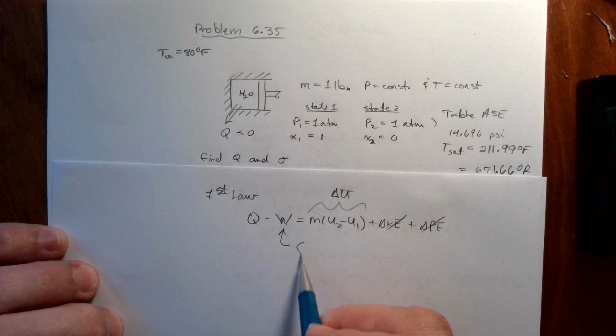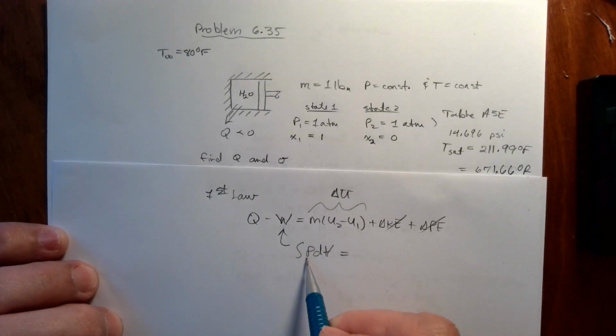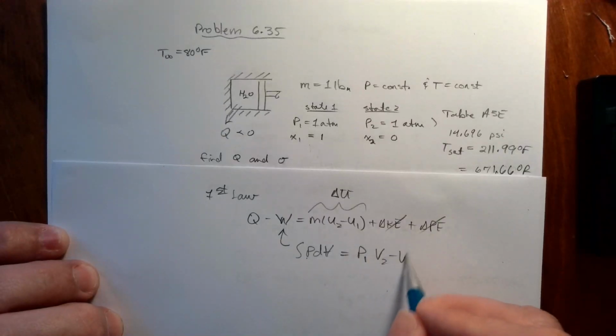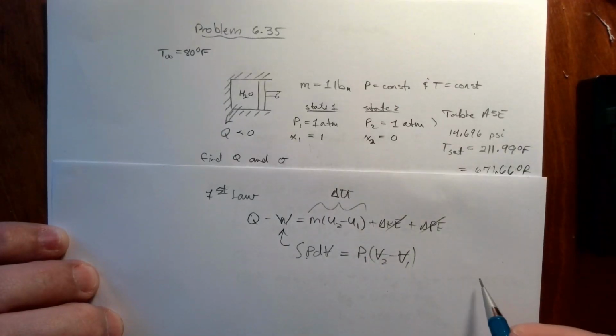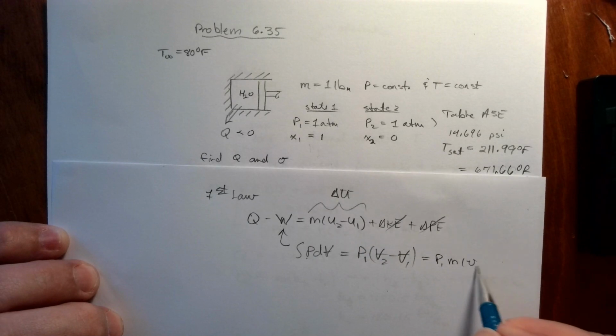W is the integral of P dV, which in this case, since pressure is constant, is just P times V2 minus V1, and if we factor out an m, that's m times V2 minus V1.